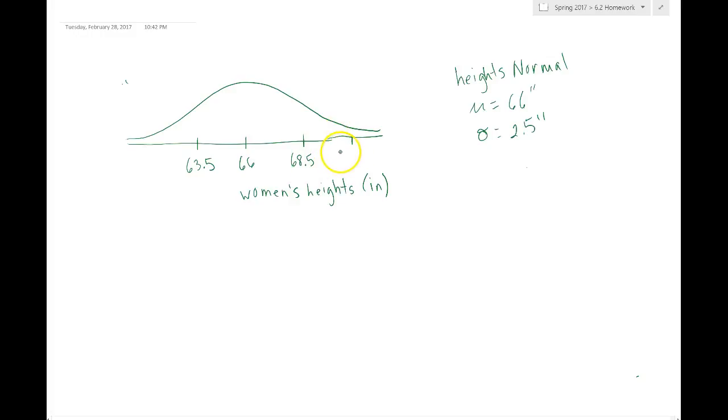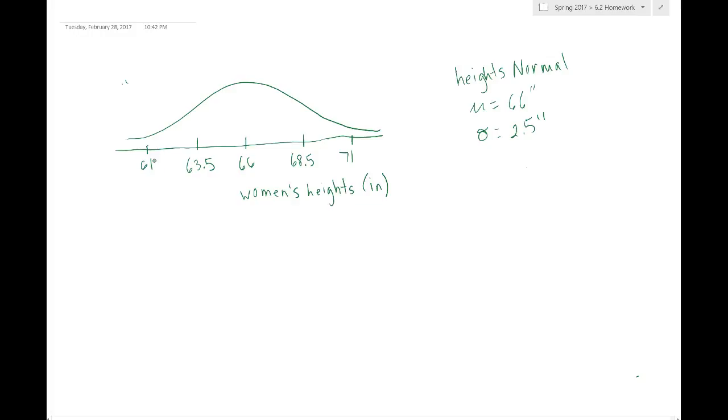The easier way would have been to add 5 from here, because that's 2 standard deviations. On the left-hand side, a little further down would be 61.